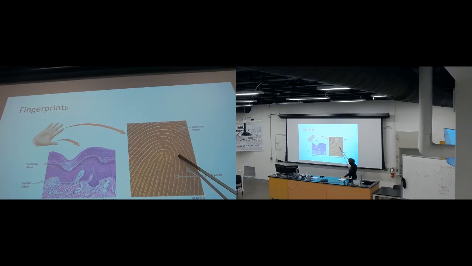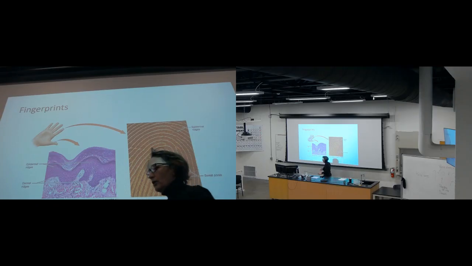But no matter if it's in the fingerprints, these ridges, or if it's in the palm or in the soles, they also have a purpose. The purpose is to create traction so that we can grab objects much easier.